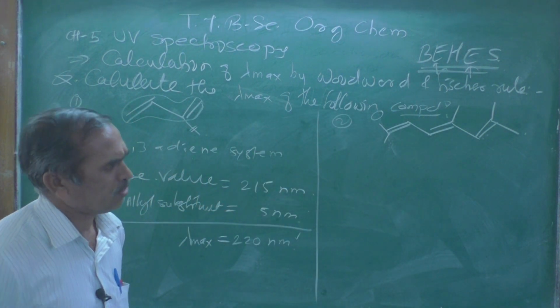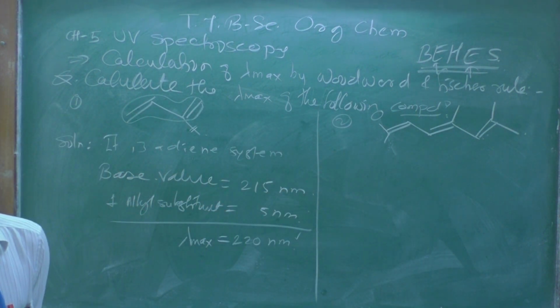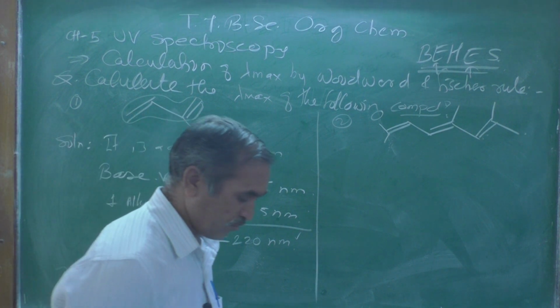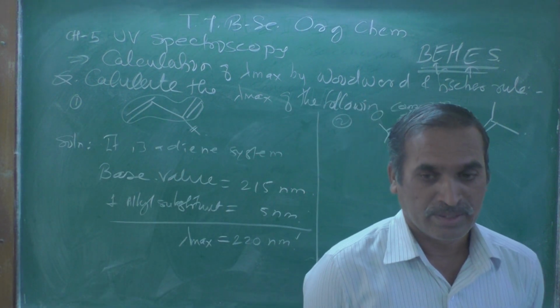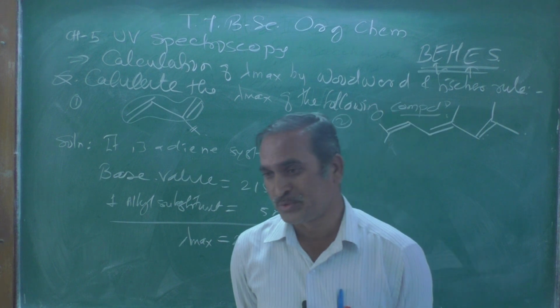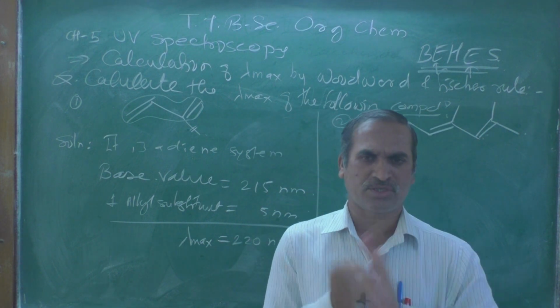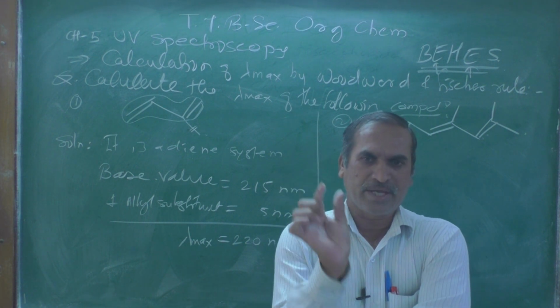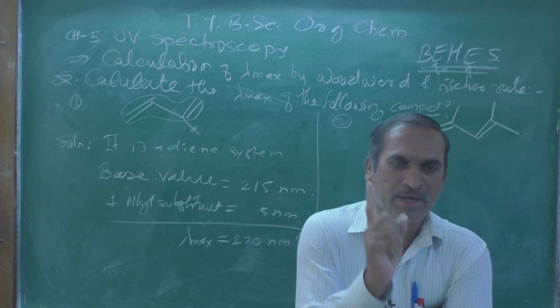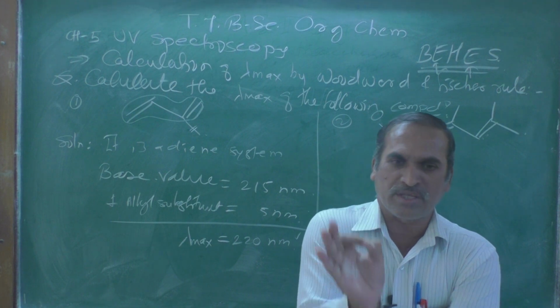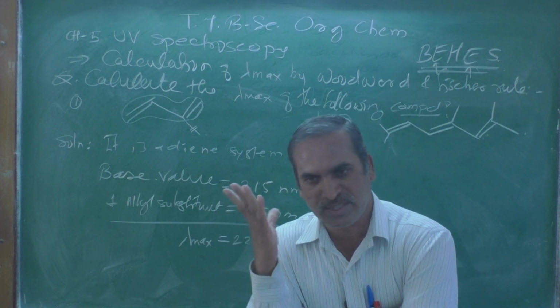Now observe this structure carefully, and what is our first job? First, observe the structure carefully, then identify whether a diene system is present or not.